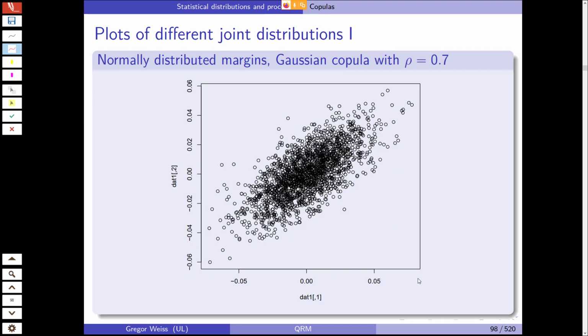Now what we can do is, let's take 2 margins. We have normally distributed margins. We are keeping those normally distributed margins fixed, and we recombine them with different copulas. So we have plots of different joint distributions. The marginal behavior stays the same.